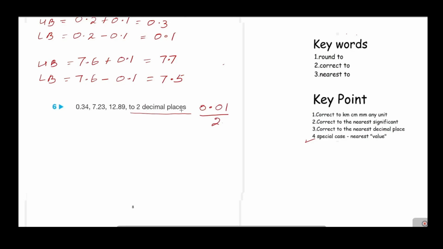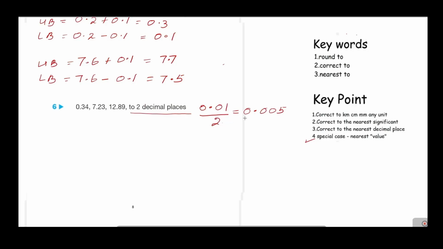If it is decimal place, significant figure, or any centimeters, kilometers, you have to get the decimal place and divide it by 2. So once we divide this one by 2, the key point becomes 0.005. If you want, you can plug in the values into the calculator and check it out.